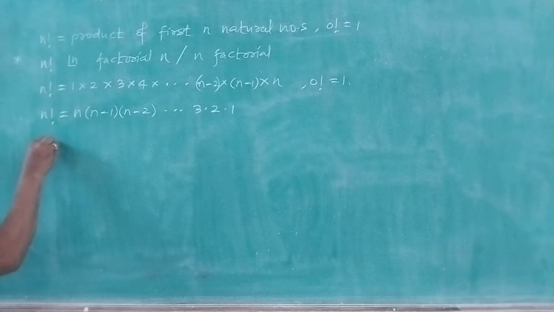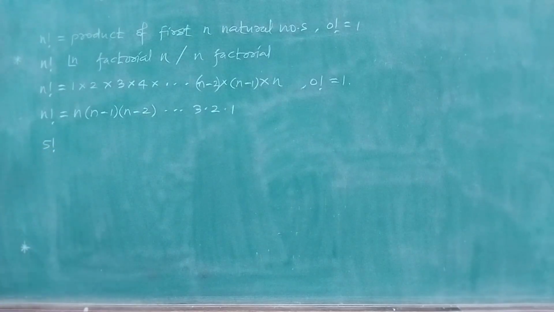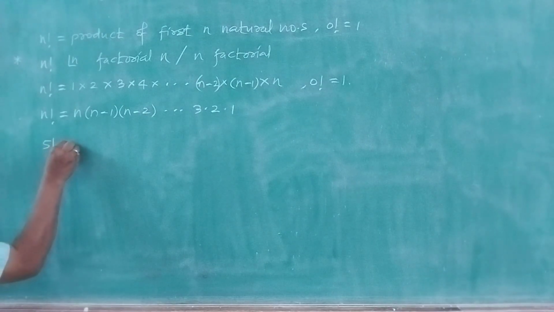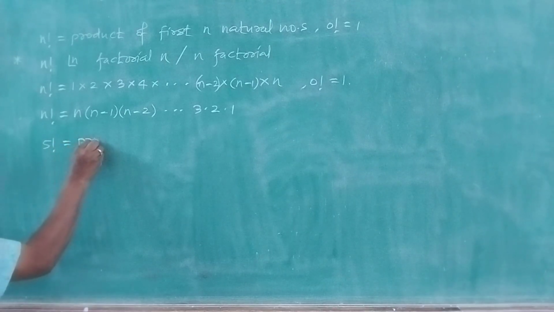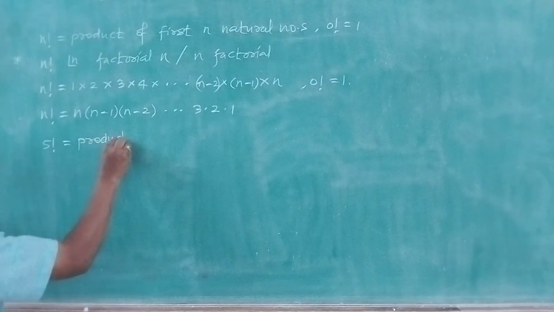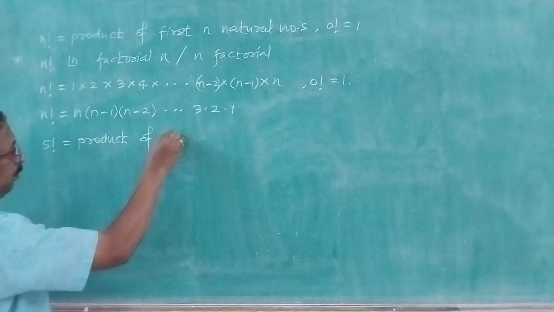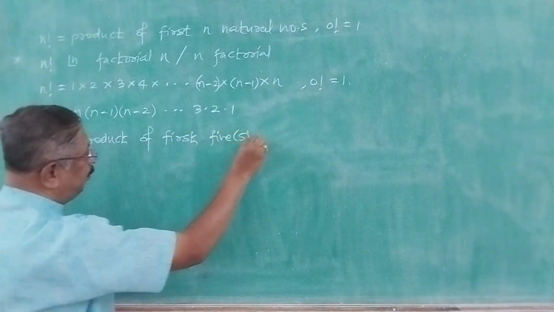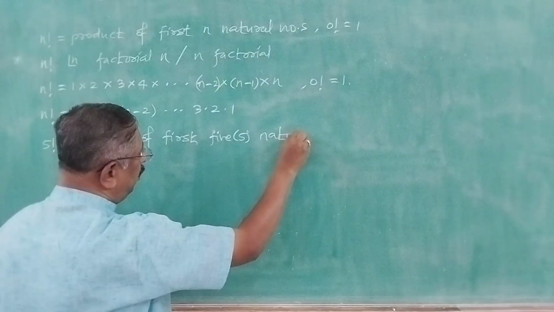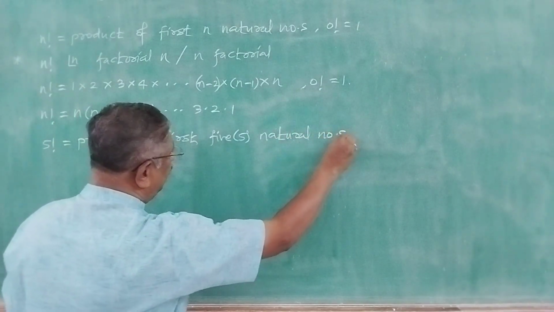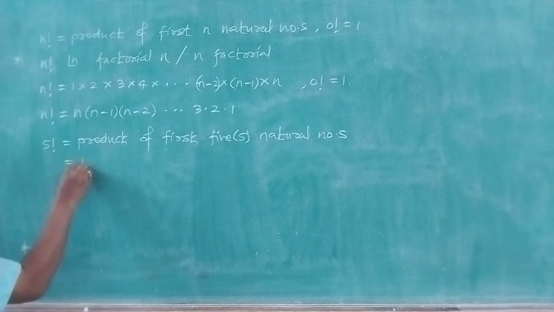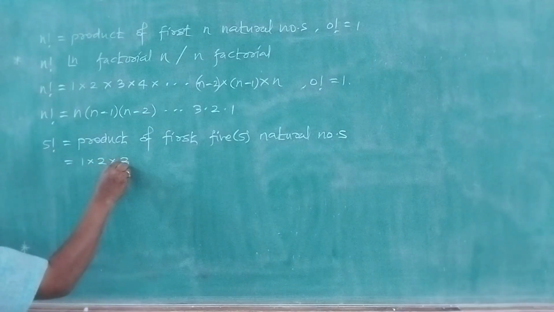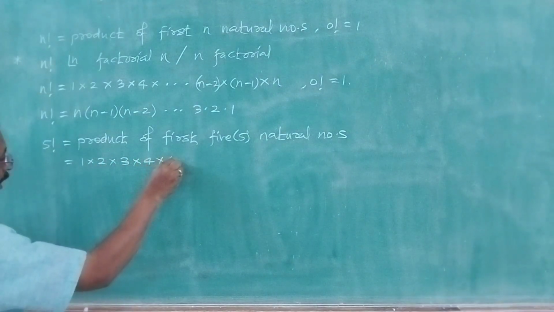Let us take one example related to n factorial. What does 5 factorial mean? 5 factorial clearly means the product of the first 5 natural numbers, which is 1 into 2 into 3 into 4 into 5.